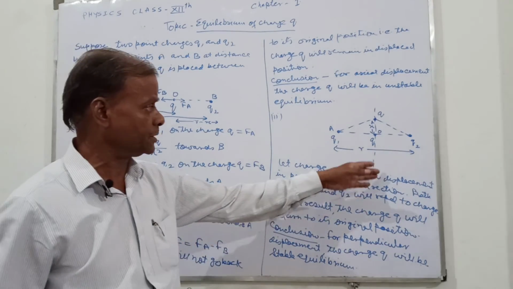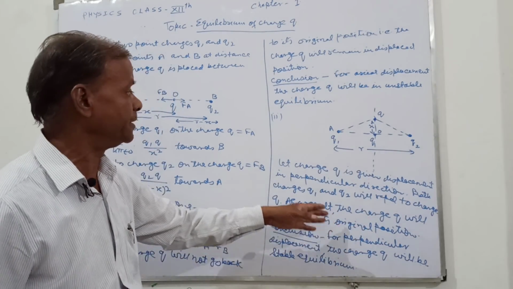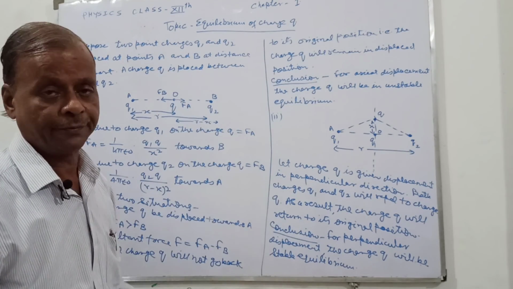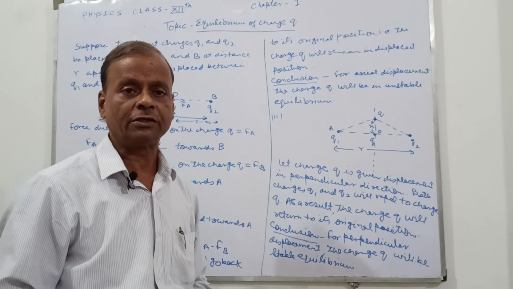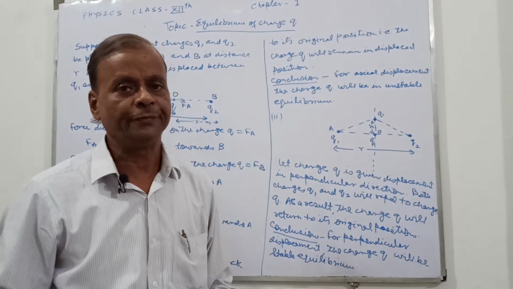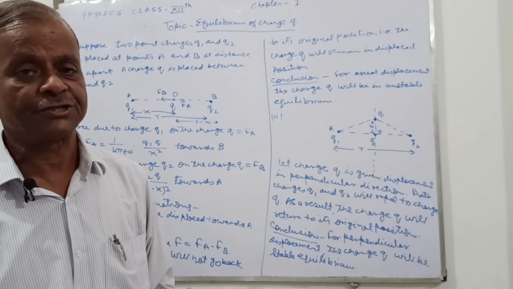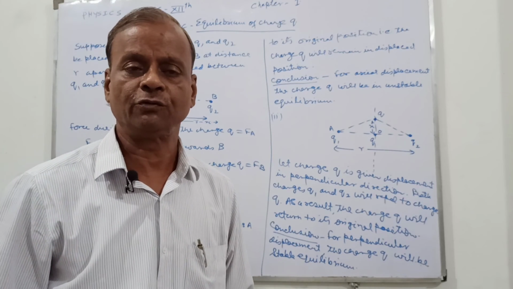So for perpendicular displacement it will be in stable equilibrium, but for axial displacement it is no more in stable equilibrium. So this is the equilibrium of the charge placed between the two charges Q1 and Q2.